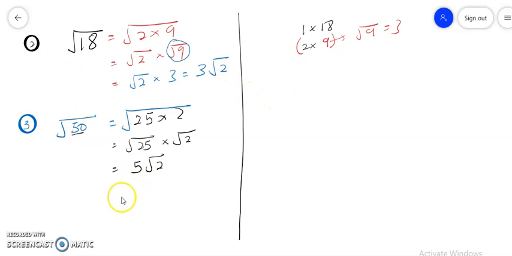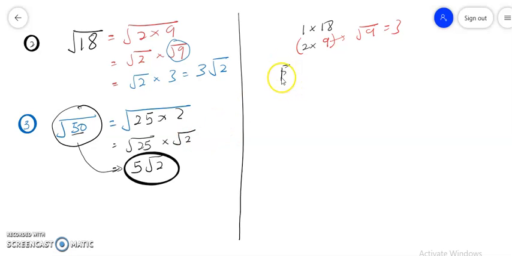Now from here we have learned to simplify from this form to this. Now we have to learn about expanding the surds into the complicated form. Now 6 square root of 3. So when the 6 is moving inside, we have to square it.